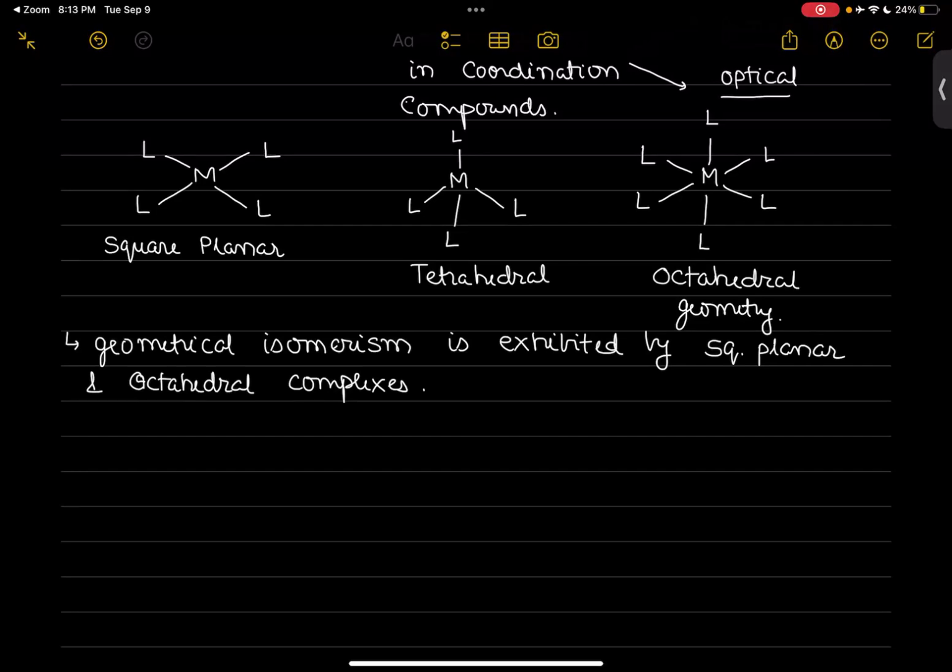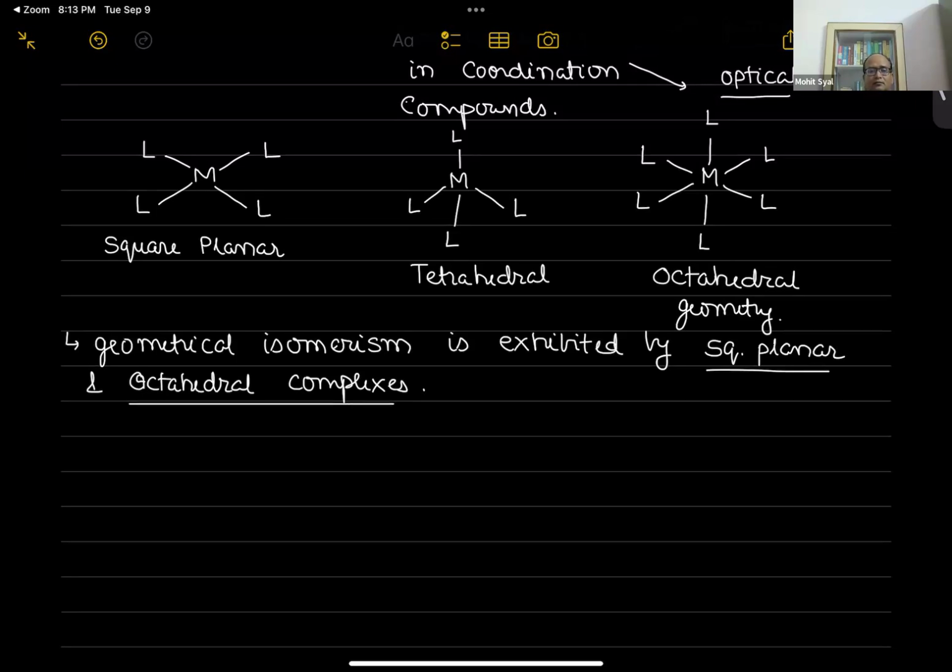Marwa, is it clear? Why can tetrahedral not show geometrical isomerism, Jasleen? What's the reason? Marwa, Aisha, tell me. What's the reason why tetrahedral cannot show geometrical isomers, while square planar and octahedral can?